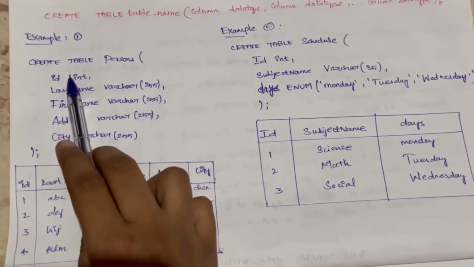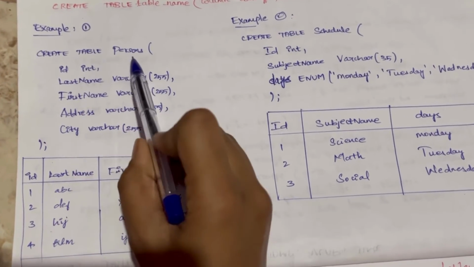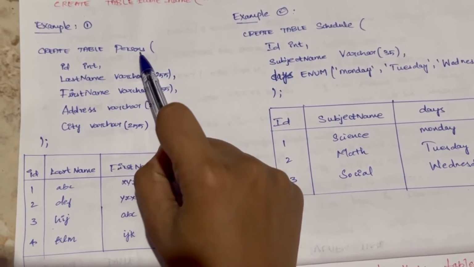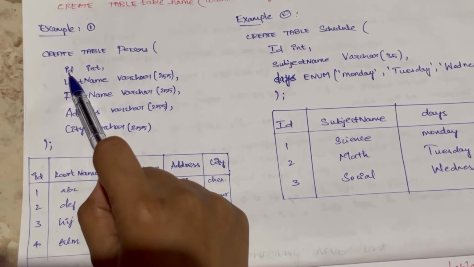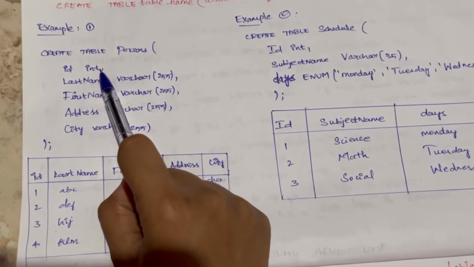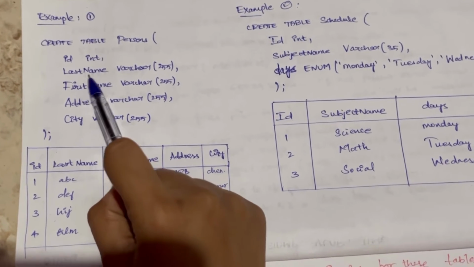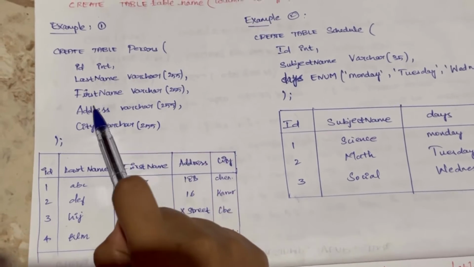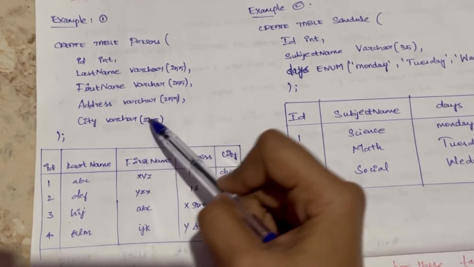So let's see the first example. Create table, these are keywords. This is the table name. Okay, so we are using persons as the table name, and this is the column name, and this is its data type. So id column which has int data type, and last name column which has varchar 255 size, and first name varchar 255, address varchar 255, city varchar 255.